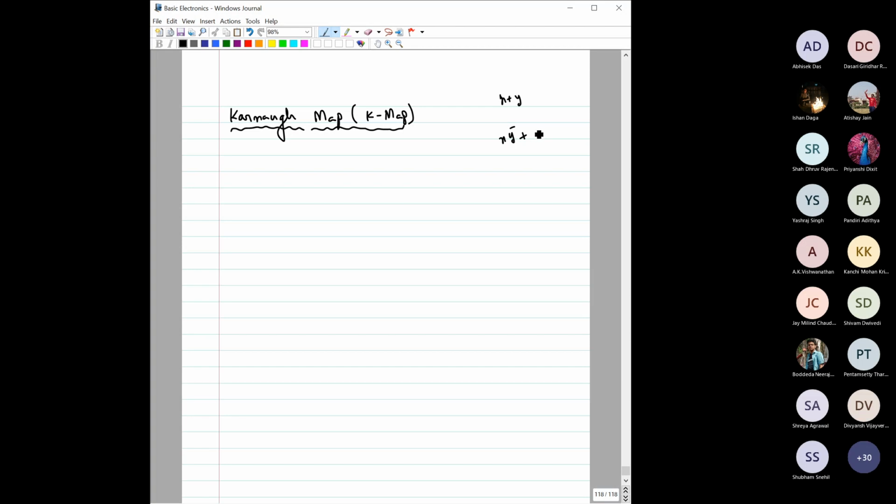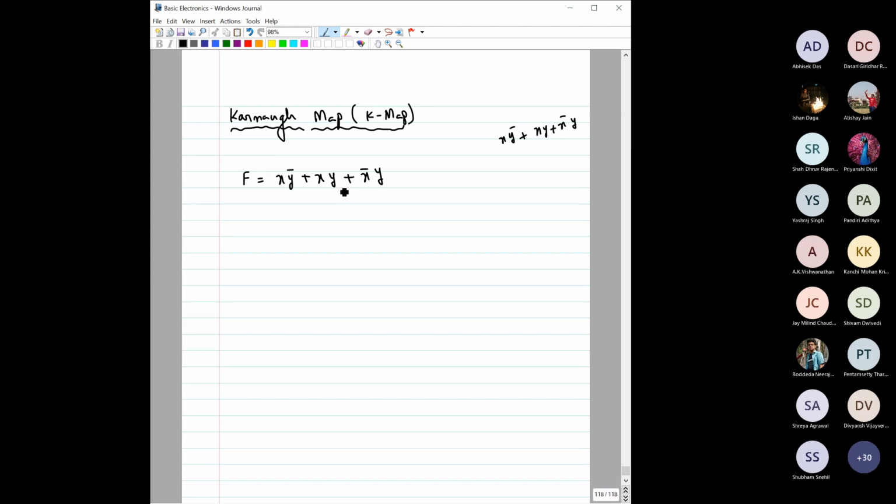This function is x y bar, this function is x y, this function is x bar y. Okay, hopefully this will work, let us try this. Say a function consisting of two variables x, y is like this, right? So can you minimize this function?